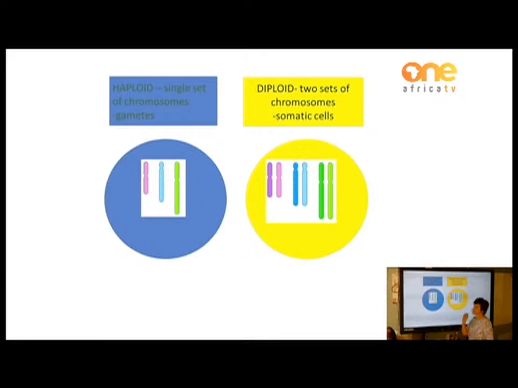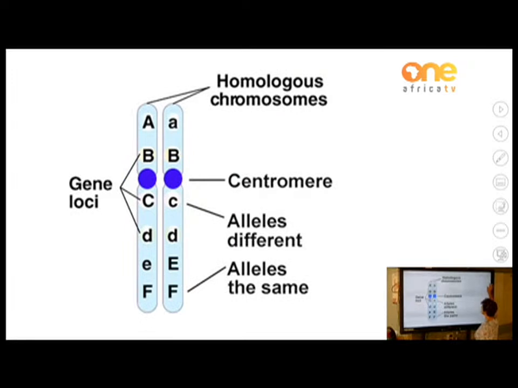But in a diploid nucleus, there are two sets. That means both from the father and from the mother. There is from both of the gametes fused together, and now we call that a homologous pair.